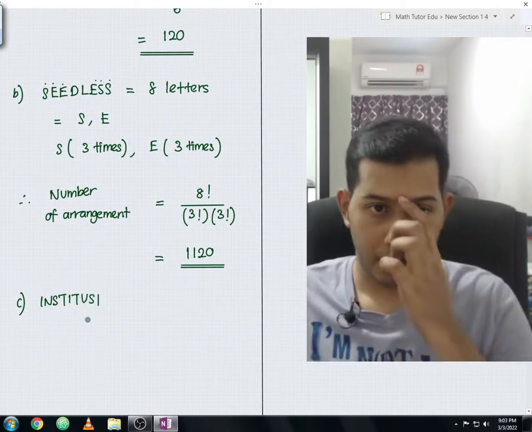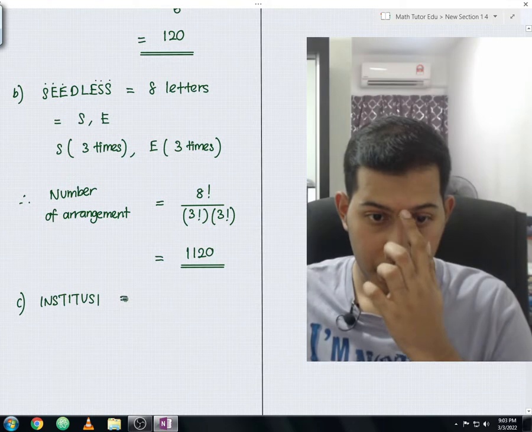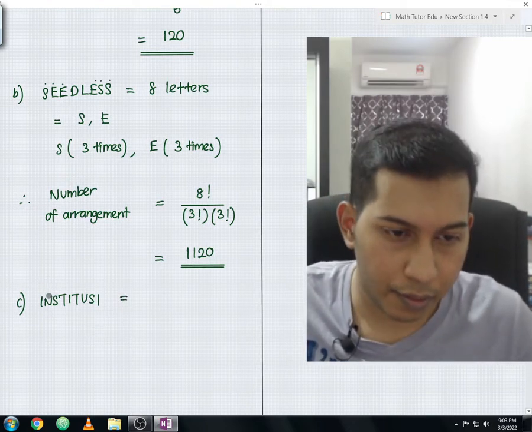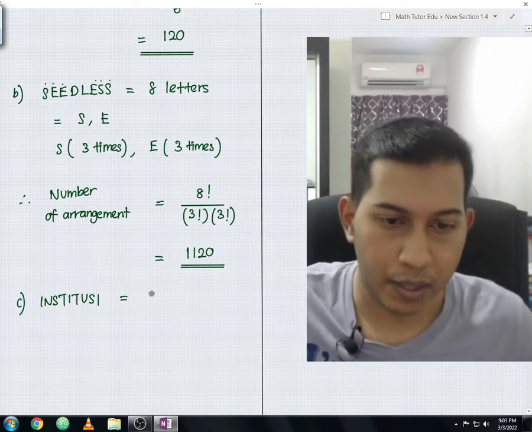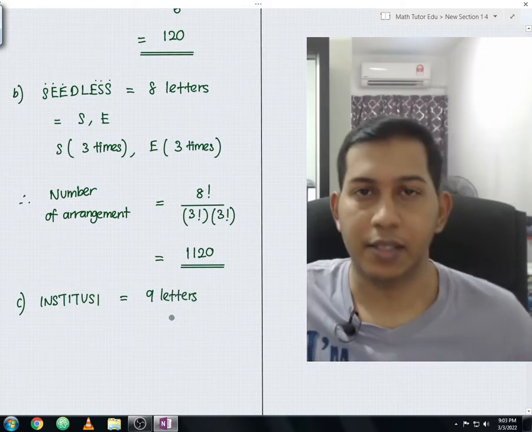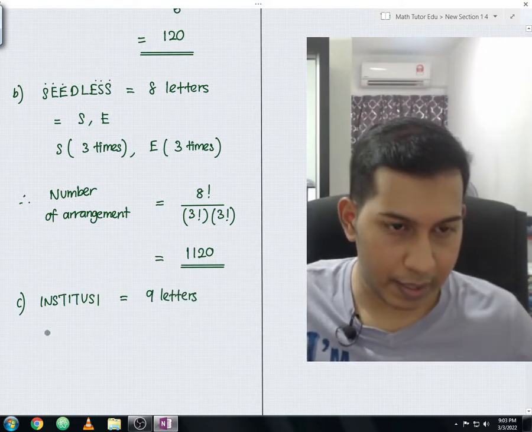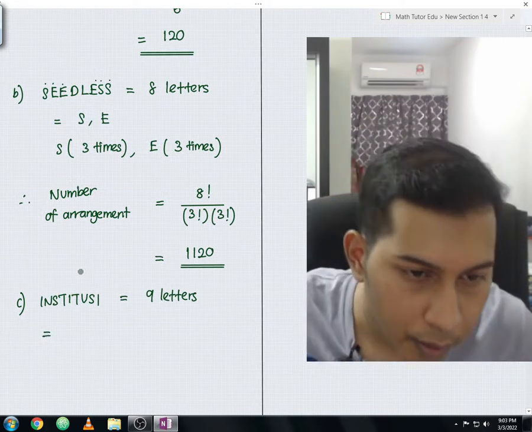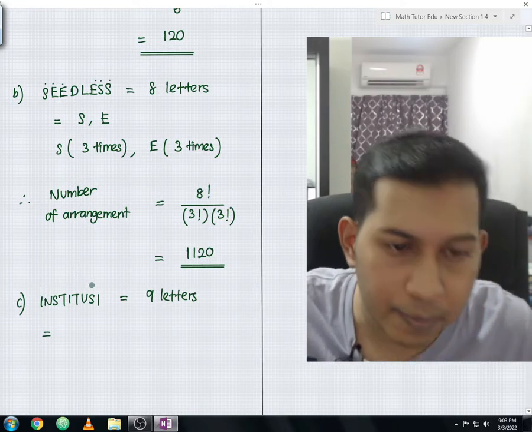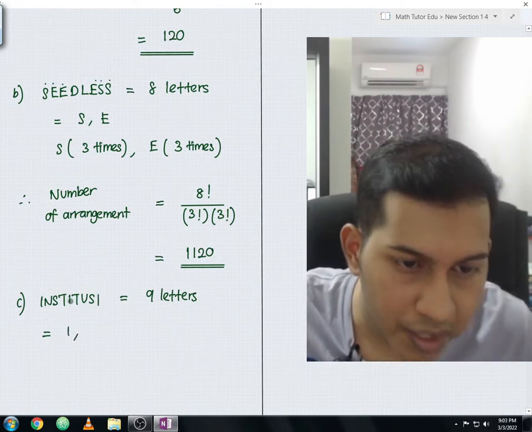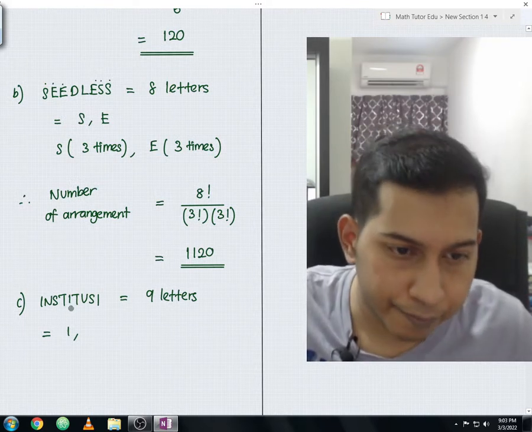From here, institusi, how many letters? Let us calculate. 1, 2, 3, 4, 5, 6, 7, 8, 9 letters. Next step, identify which letters are being repeated. I is being repeated, and then T is being repeated.